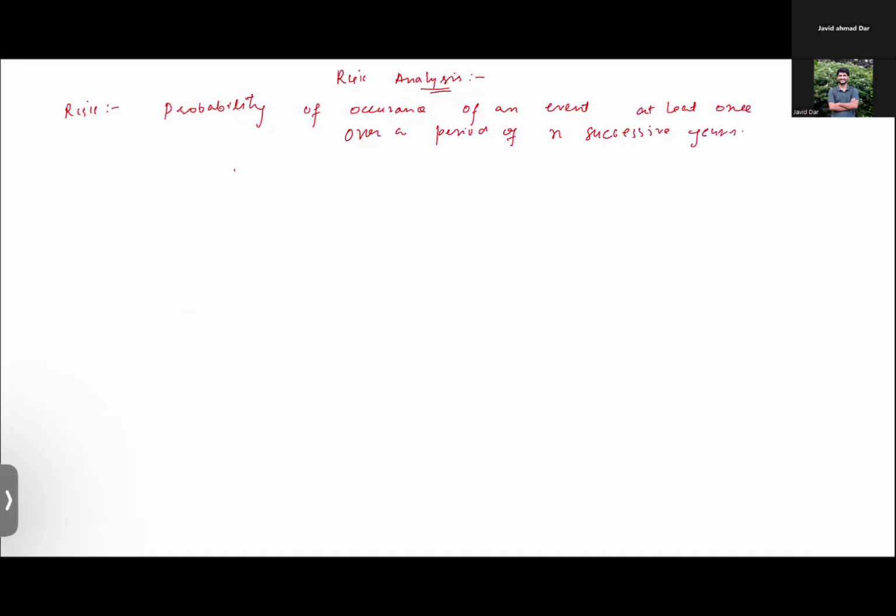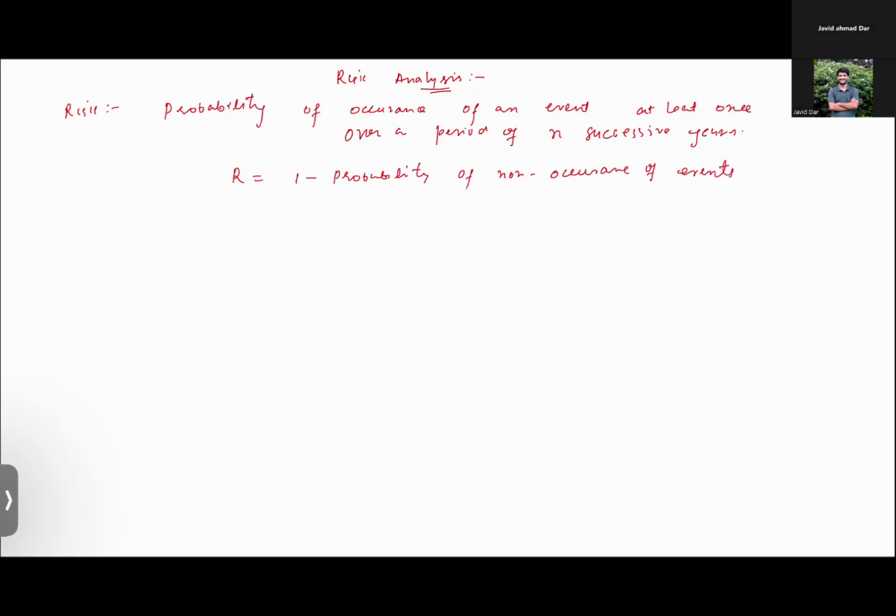And this R is a mathematical term. If it's a probability of occurrence of an event, then R can also be written as 1 minus the probability of non-occurrence of events.